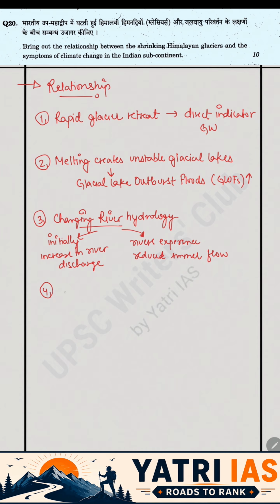Then you would mention monsoon variability is visible, which is the outcome of reduced snow cover.